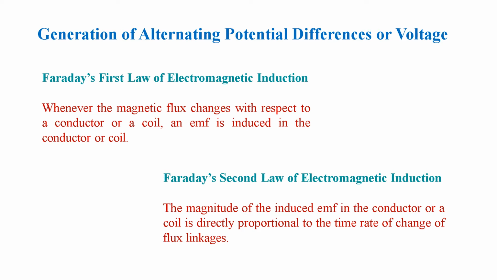The magnitude of the induced EMF in the conductor or a coil is directly proportional to the time rate of change of flux linkages, and it can be measured by this formula: E is equal to minus d psi by dt, where psi represents the flux linkages, and psi is equal to the number of turns in the coil times the flux.